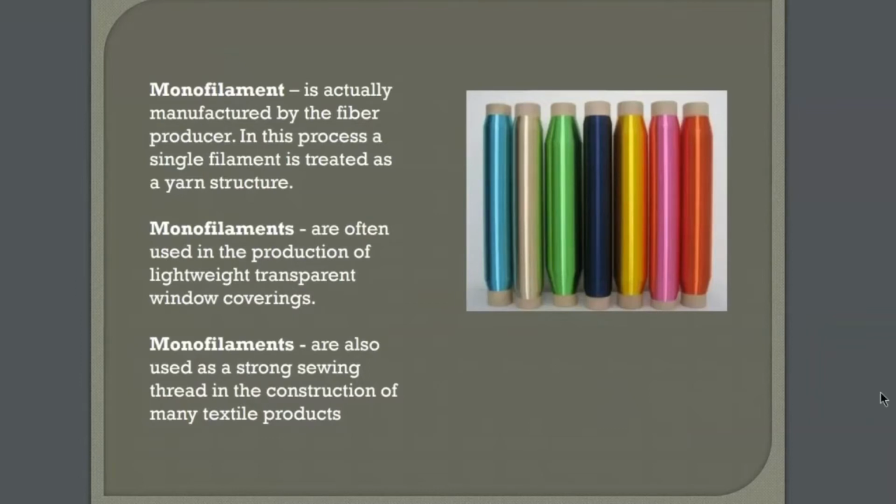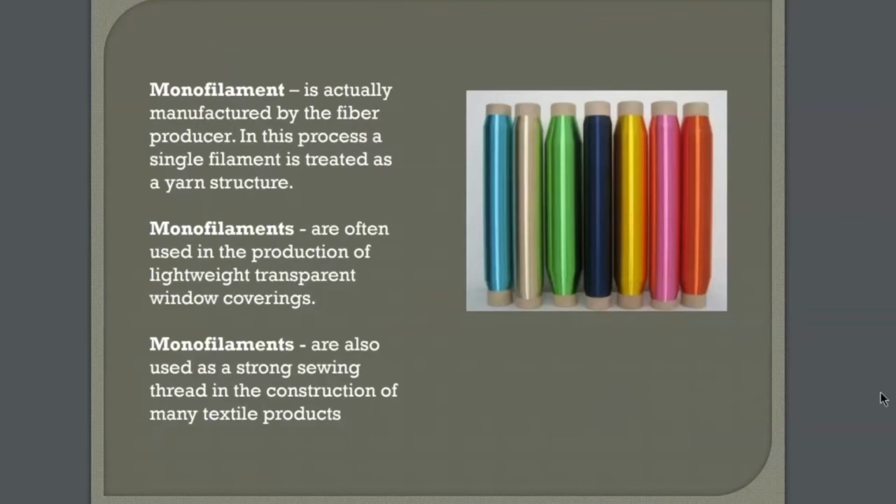Monofilaments are often used in the production of lightweight, transparent window coverings. So let's make that point as an interior designer. It's often used for lightweight, transparent window coverings. So things like shears, right?